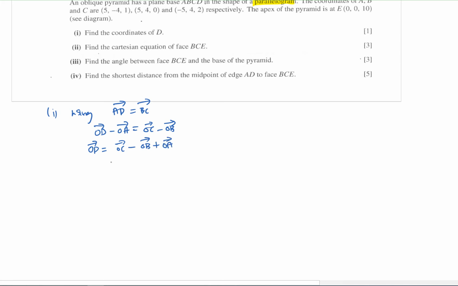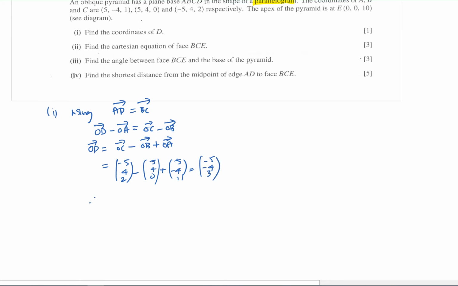I think you know each of the coordinates, so you can write them as position vectors: (-5, 4, 2) minus (5, 4, 0) plus (5, -4, 1). Overall it will give you (-5, -4, 3).